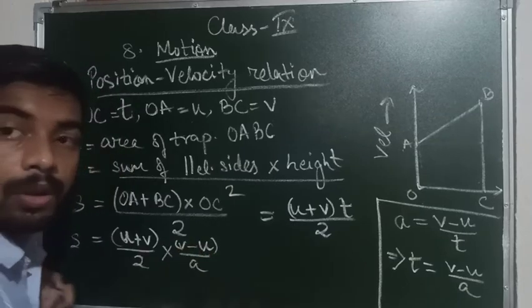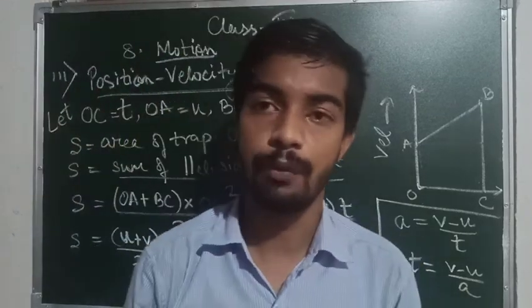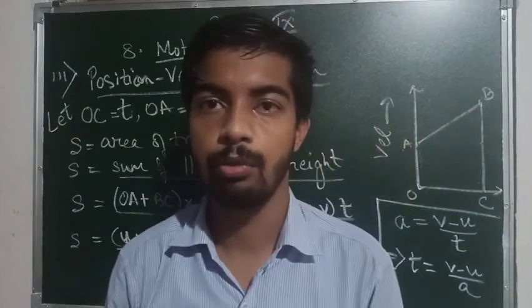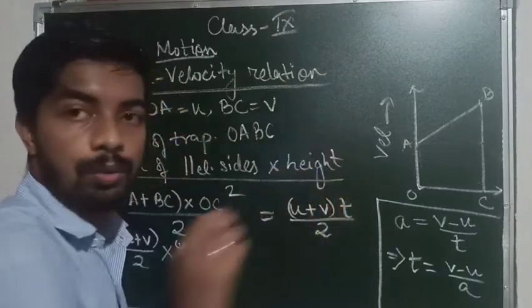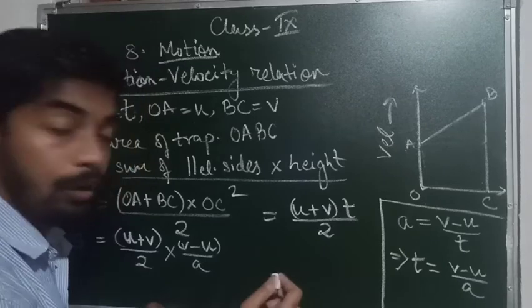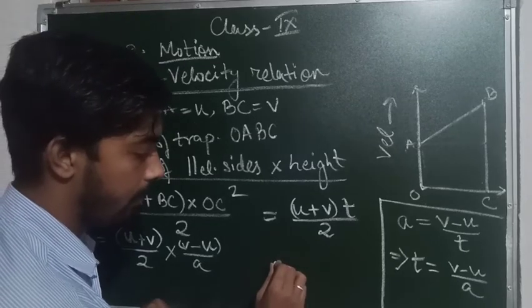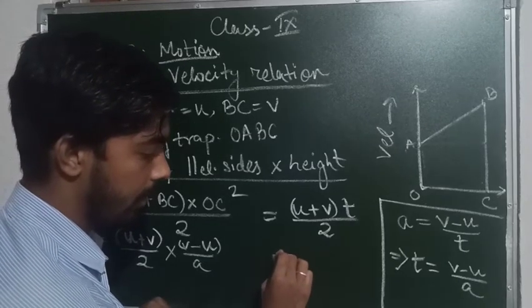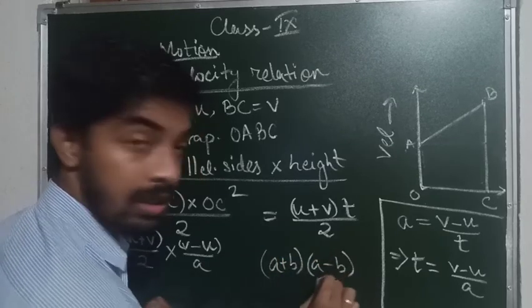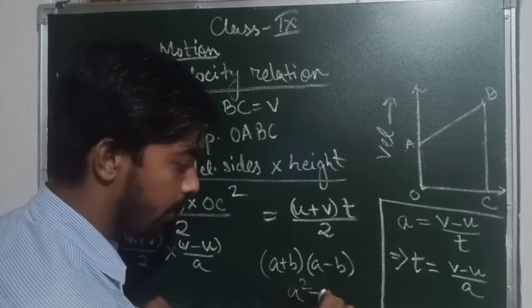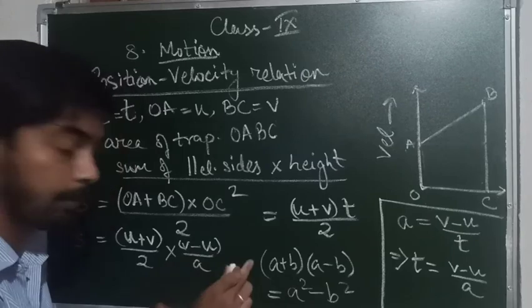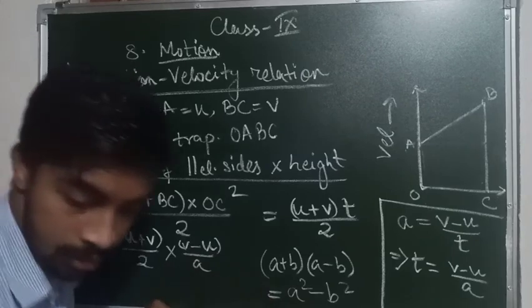So from here, we had a formula for factorization, which was a plus b into a minus b gives us a square minus b square. We'll implement this formula here.